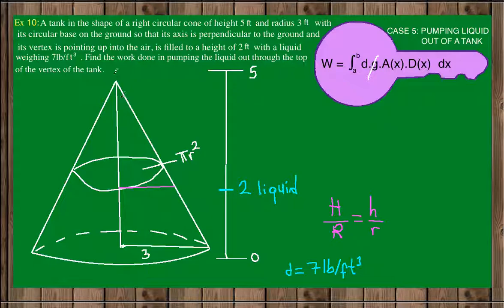So what's the height of the big triangle? The height of the big triangle is the height of the tank, which is 5. And the radius of the big triangle is the radius of the tank, which is 3.